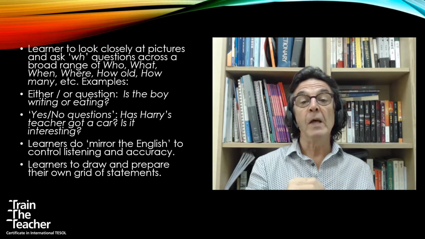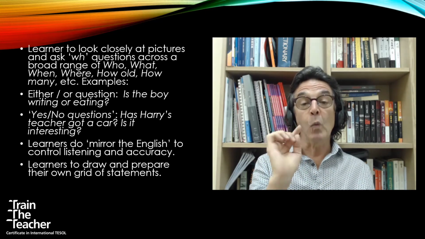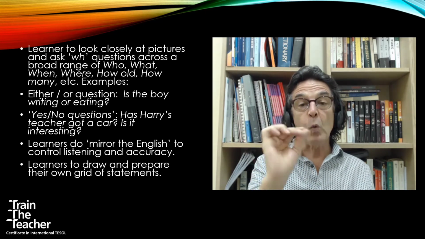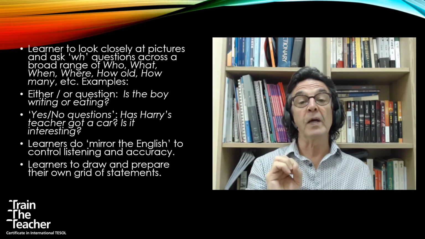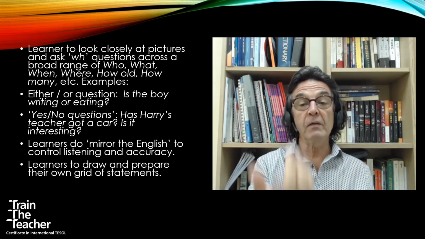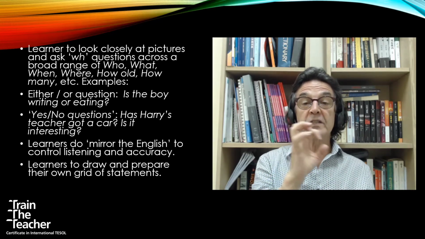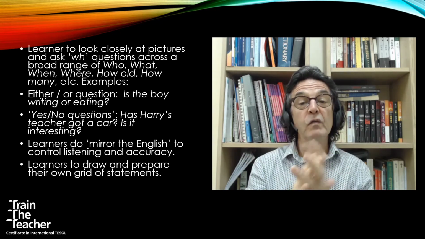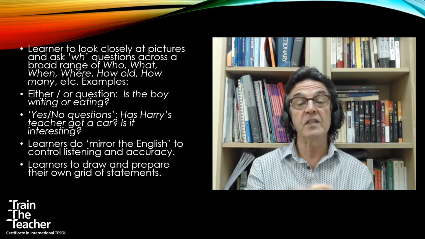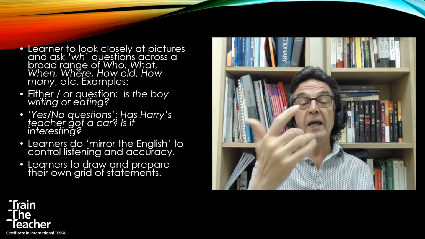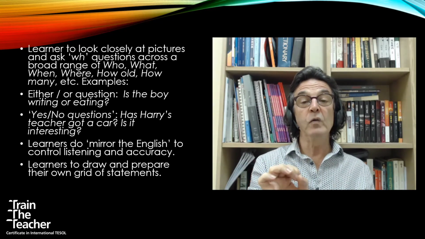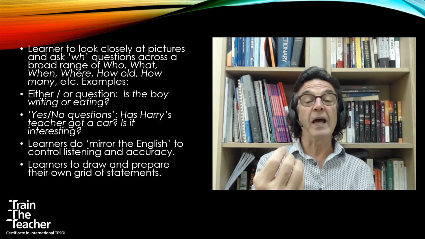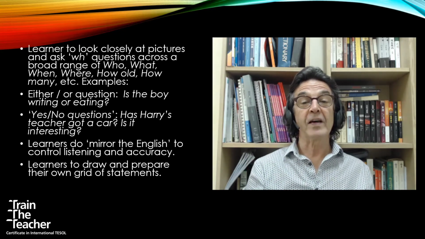So everyone not only learns the right one, but is more aware of what they should be doing in the future. And of course, last thing you can do, which is kind of interesting, is get them to create their own version of this part of the test. So do a drawing or get some pictures and make their own grids, and then use that to practice with one another.